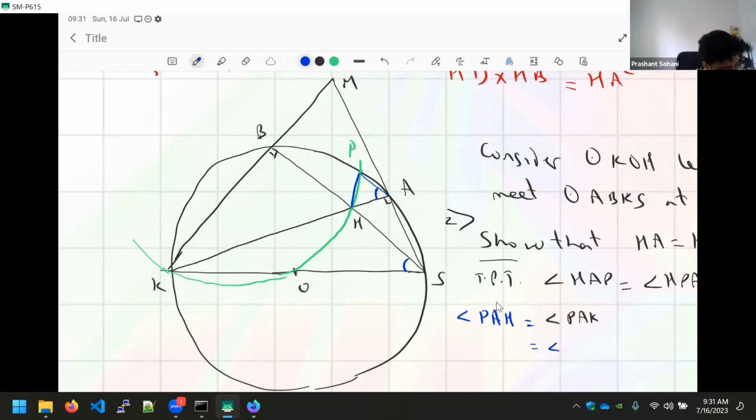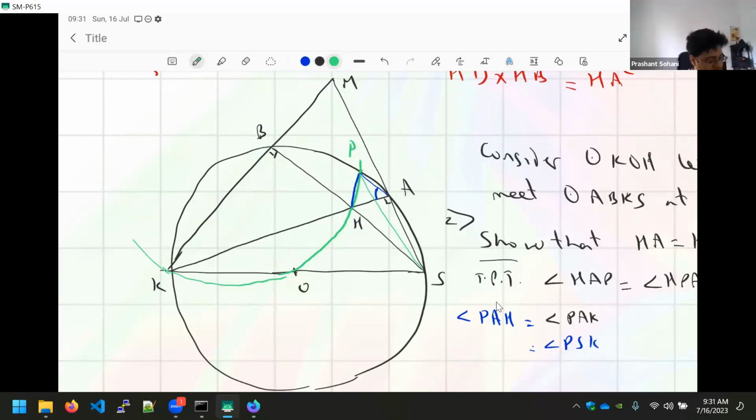Sorry. PAK will be equal to PSK. Okay. So it's not necessary to draw the angle, but just for illustration, I'm doing that in case anybody is wondering.